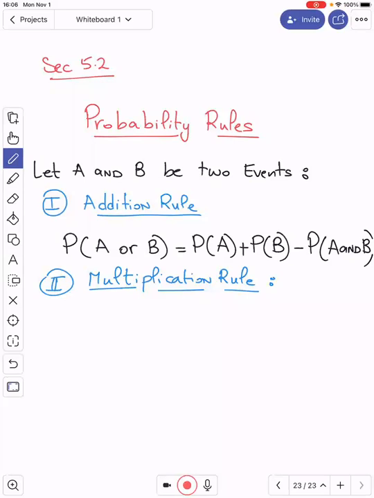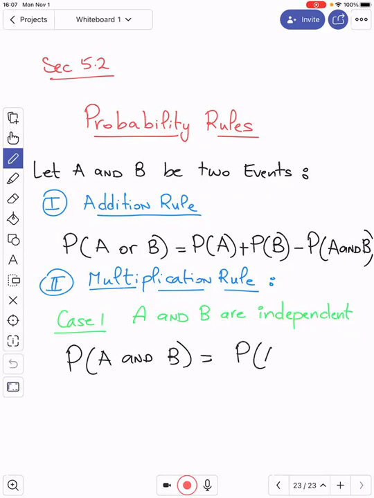If the two events A and B are independent, so first case, A and B are independent events, then the probability of A and B will be equal to the probability of A times, so this is a multiplication, the probability of B. So when you have A and B, it's the probability of A multiplied by the probability of B.